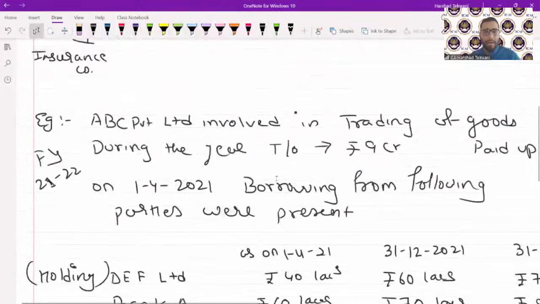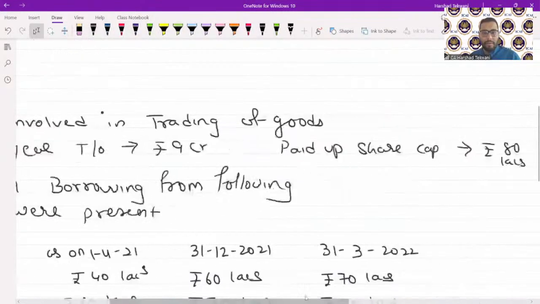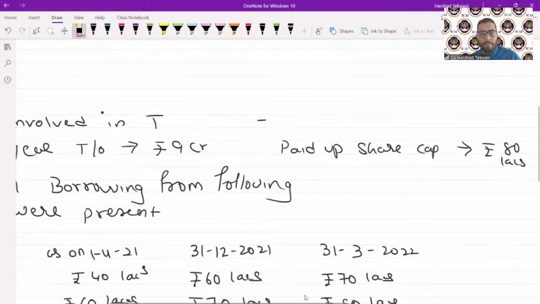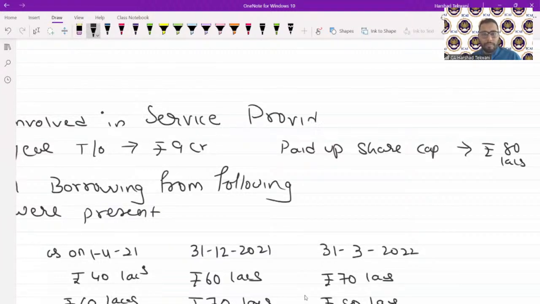Okay. And let's say I'll change over here, instead of trading of goods, service provider. Okay. Turnover, I'll reduce it. I'll say turnover is 5 crore and this will become, let's say, 90.